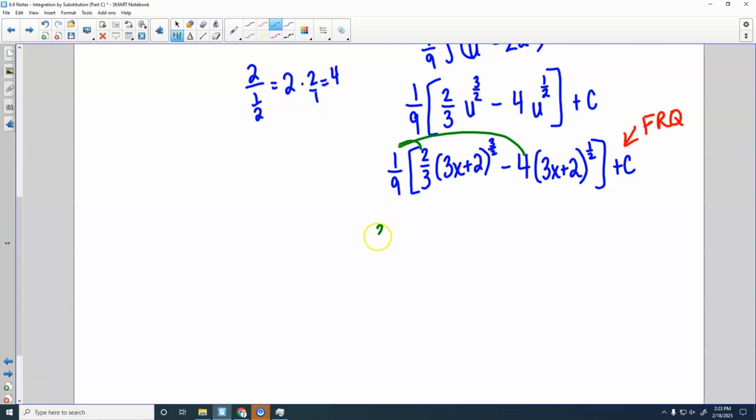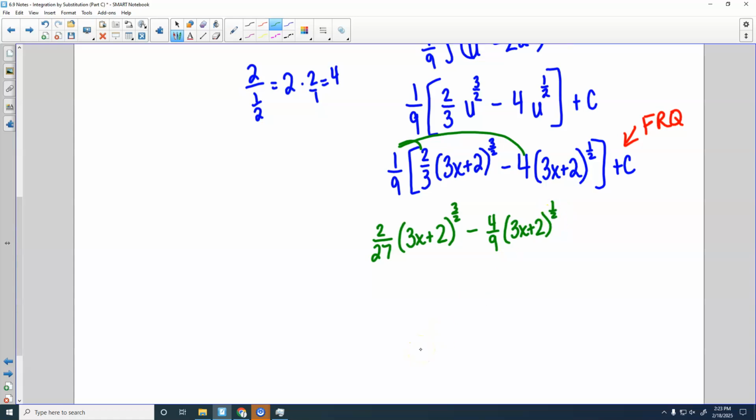So I've got 2/27 times (3x plus 2)^(3/2) minus 4/9 times (3x plus 2)^(1/2).